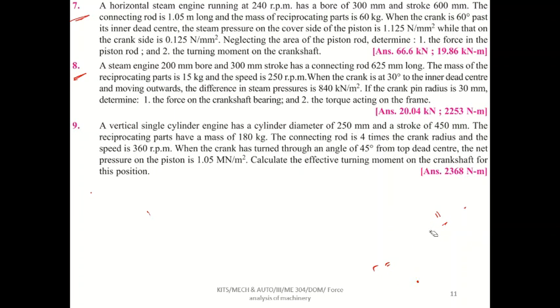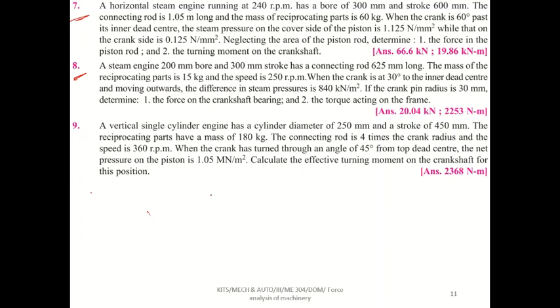Okay, we will go to the ninth problem. I'll give you a hint for the ninth problem also, so you can solve all three problems. A vertical single cylinder engine. So here the engine is vertical. A vertical single cylinder engine has a cylinder diameter of 250 mm and a stroke of 450 mm.